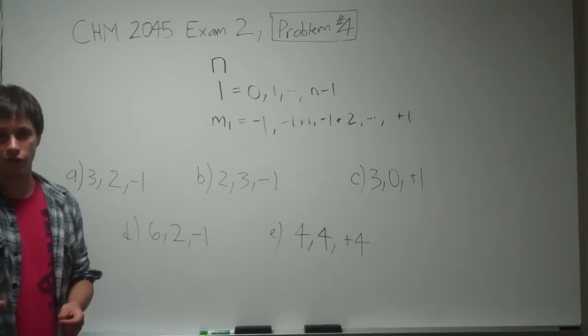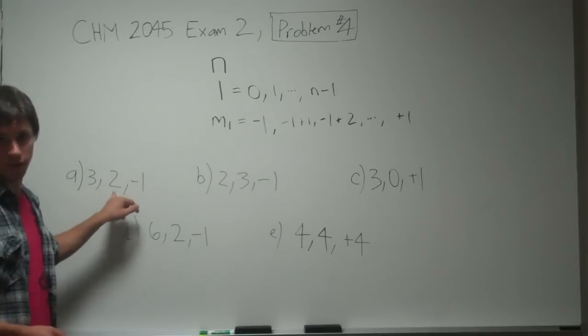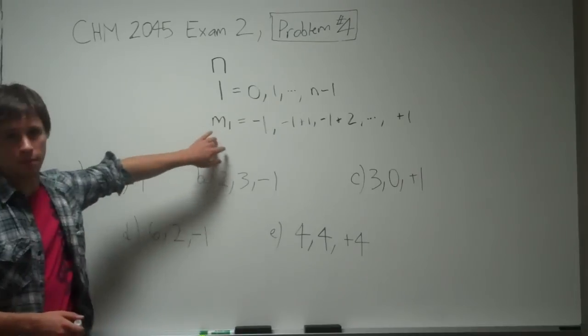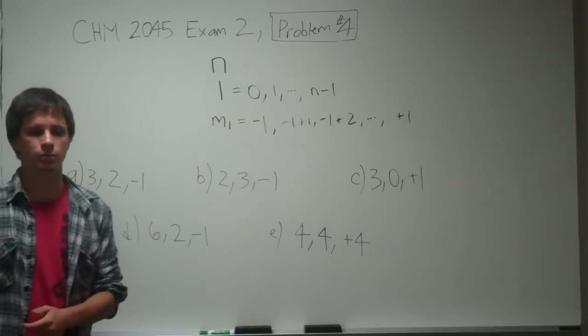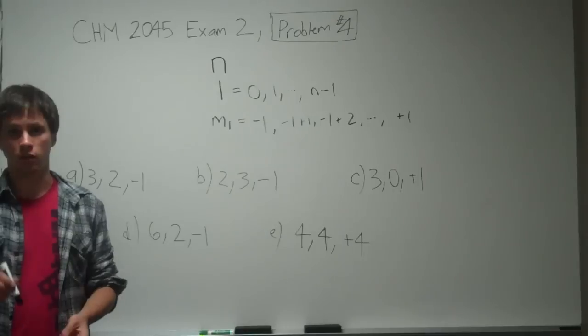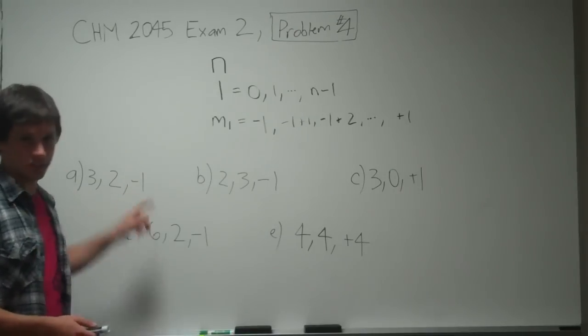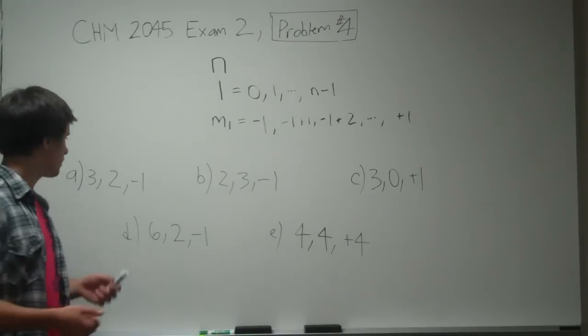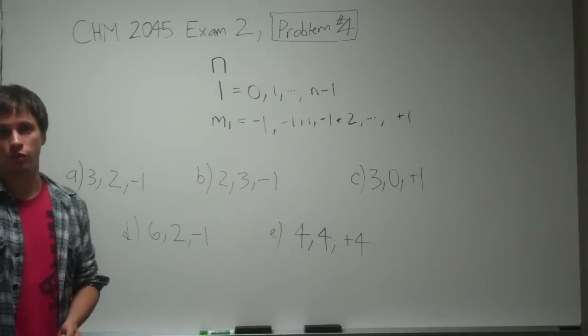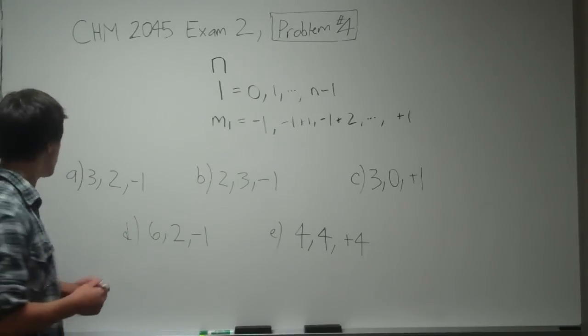So 0, 1, and 2. It seems to be fine. 2 is in the set of 0, 1, and 2. So then m sub l can be any integer between negative 2 and positive 2, since l was 2. In this case it's negative 1, that's fine, because m sub l can be anything from negative 2, negative 1, 0, 1, and 2. So this one's okay.